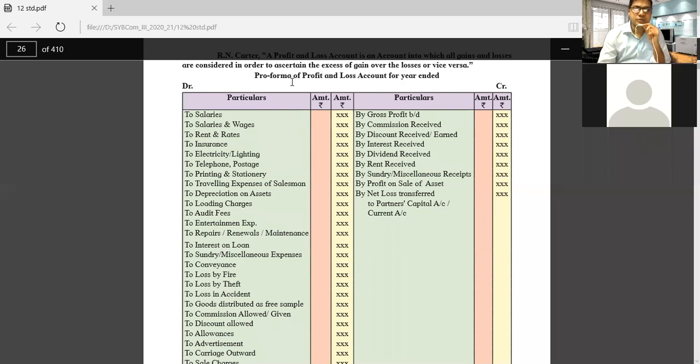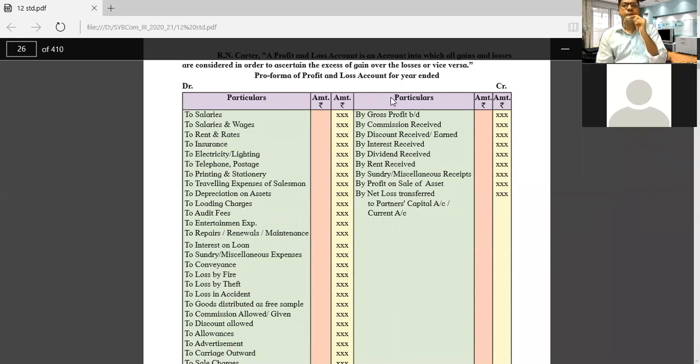Such incomes and gains are called indirect incomes and gains. So on the debit side, we will record indirect expenses and losses. And on the credit side, we will record indirect incomes and gains.